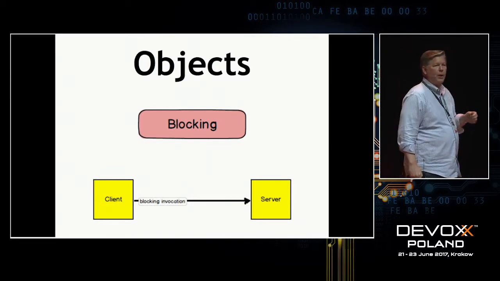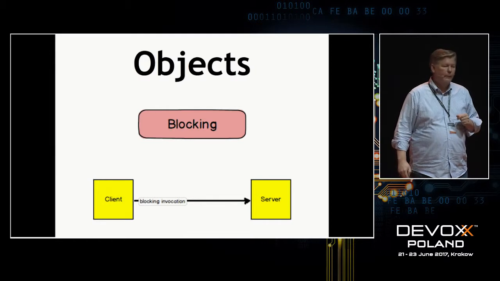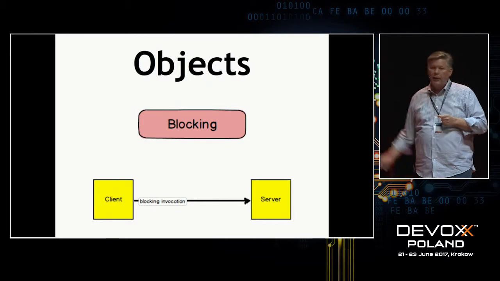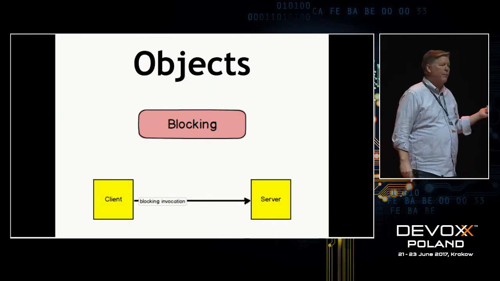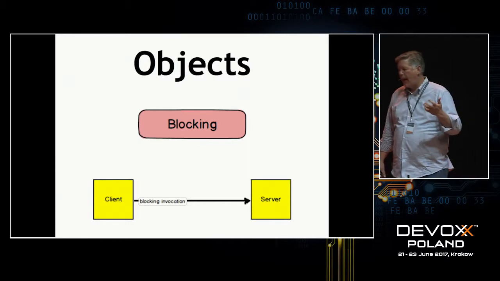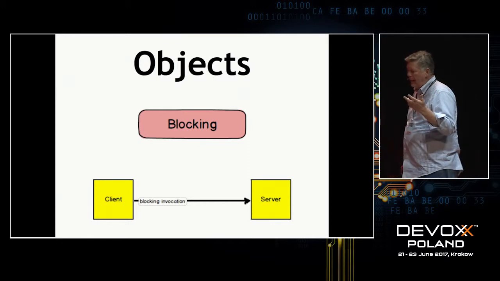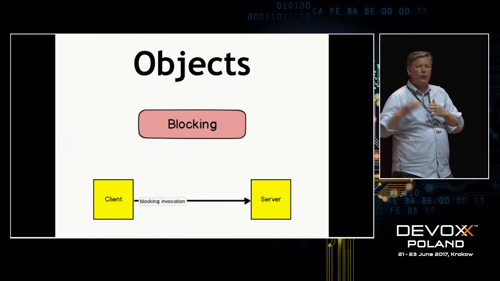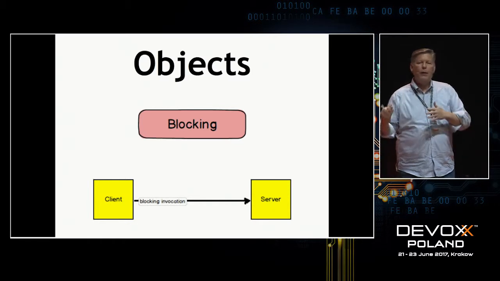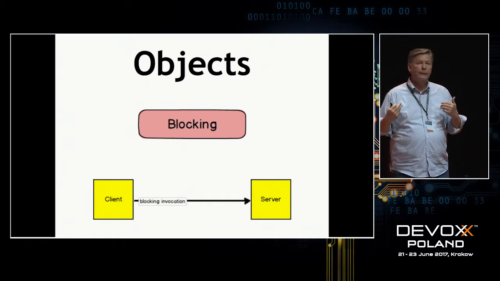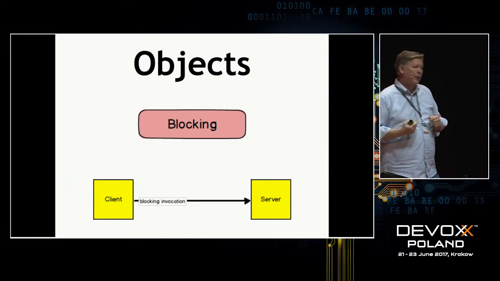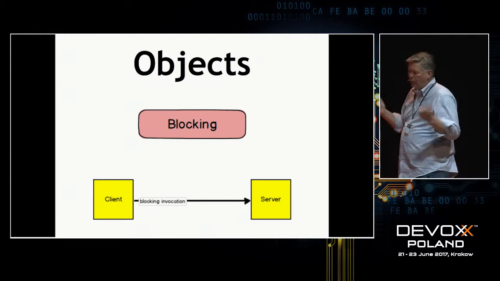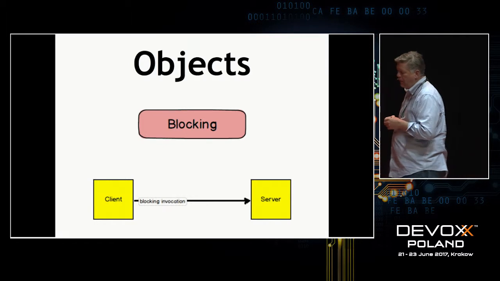We're all familiar with objects. I hope most of you are, anyway. And when we deal with objects, such as the two objects here, a client object and a server object, we're used to the fact that when we make an invocation from the client object to the server object, that invocation will cause the client to block until the server finishes the request that we've made and returns whether it's a value or no value at all.